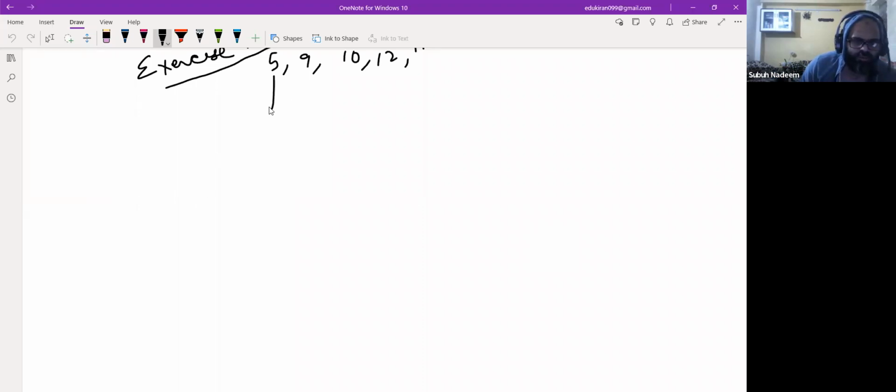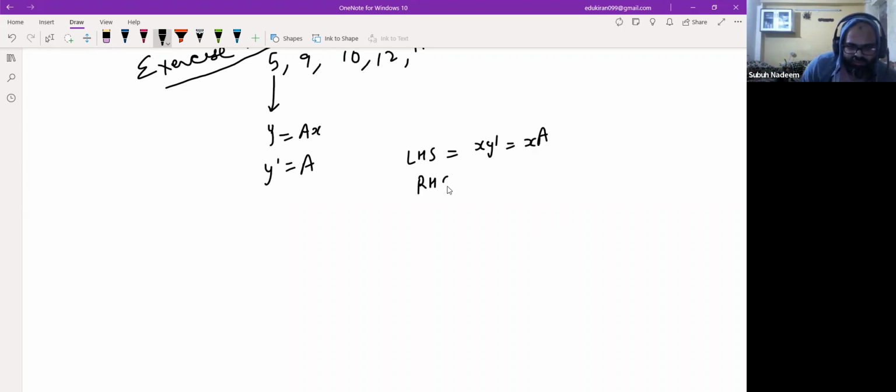Since y is equal to ax, when you differentiate it, you will get only a. And if you write the left hand side of the differential equation, it is x y dash, so it will be x into a. And the right hand side is y, which is ax. So both are the same. This you have done.